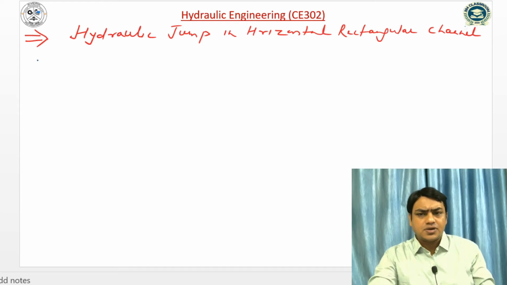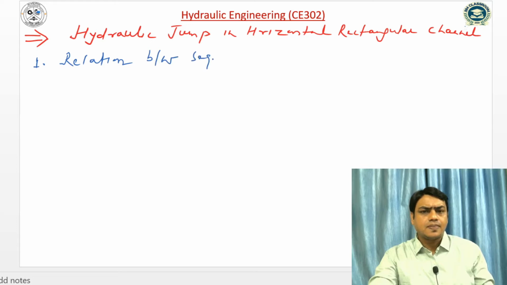So the first derivation is the relation between sequent depth, or it is also called conjugate depth.